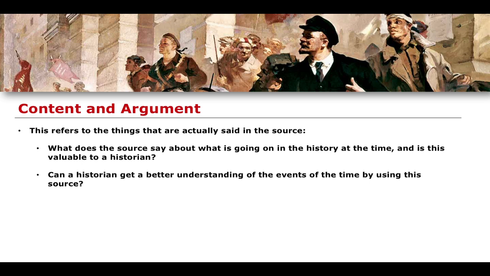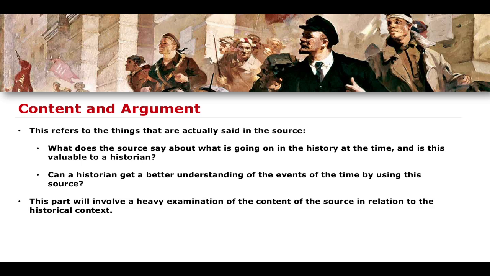If I then take these arguments that are being made by Vladimir Lenin, and I compare it to the historical context, I compare it to what I actually know happened using all the specific knowledge that I have, how valuable is it? Does he just talk rubbish? Does he actually just spout propaganda? Does he actually say things that are valuable and give us insight into the history itself? All of which are very important things to actually ascertain as a historian.